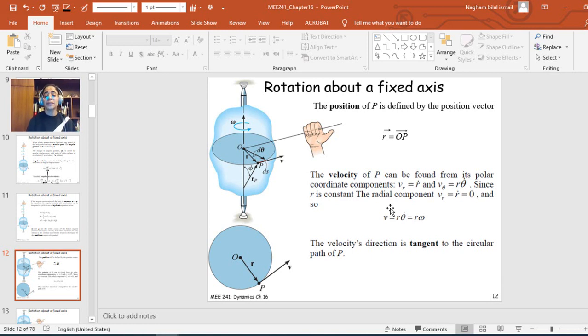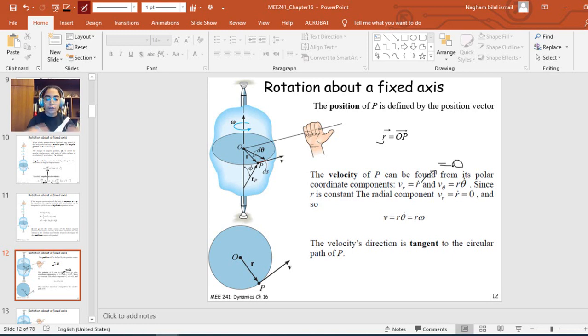Now if I define p as the position vector, so r is equal to p, and then I take the derivative with respect to time of this r to find the velocity v, by applying, if you remember, the cylindrical coordinates, you're going to have that V_r will be equal to r dot and V theta will be equal to r theta dot. But I know that r dot is equal to what? It's equal to 0.